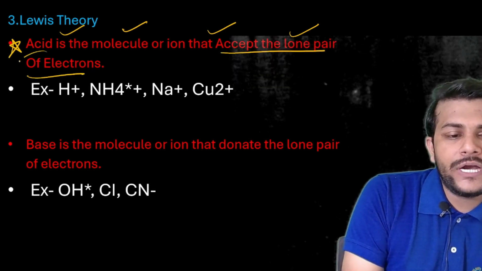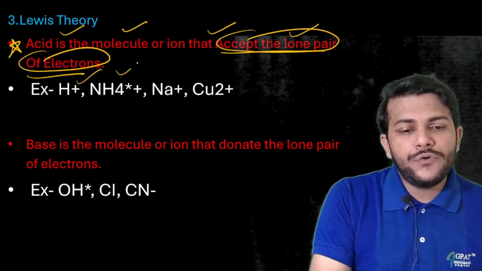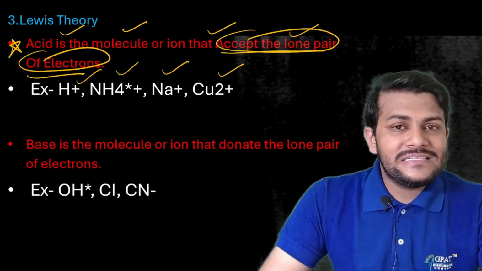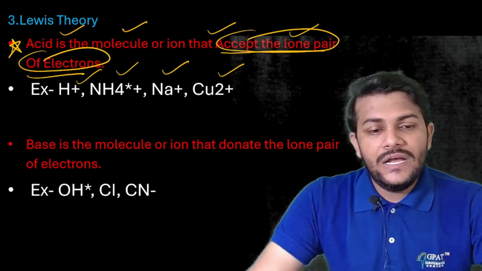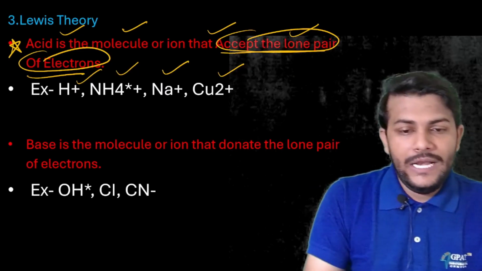Those that accept the lone pair of electrons are your acids, and these are H positive, NH4 positive, Na positive, and copper 2 positive. These are the ions and molecules that can accept the electron.